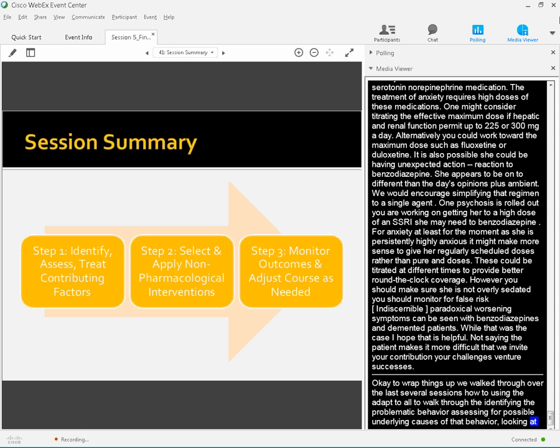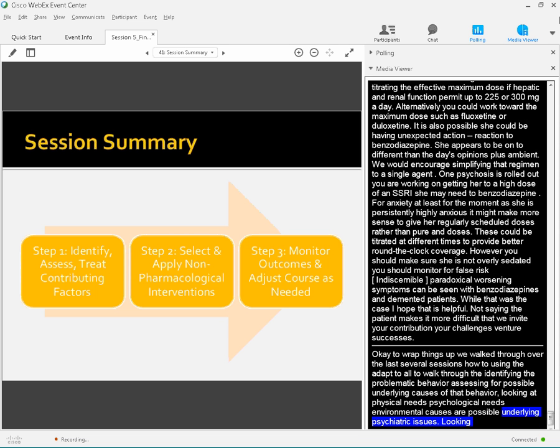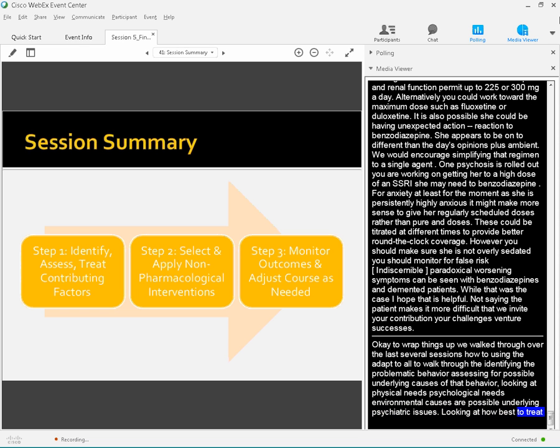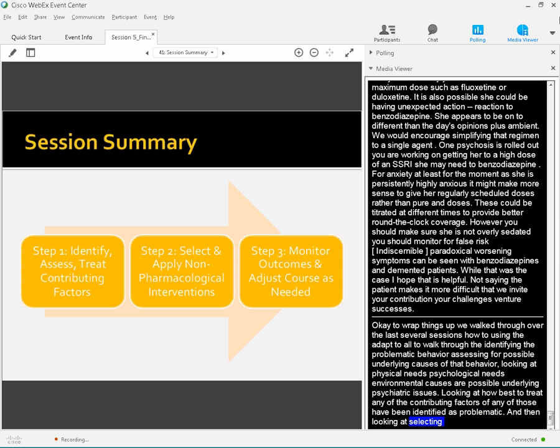Looking at how best to treat any of the contributing factors if any of those have been identified as problematic. And then looking at selecting and applying a non-drug or non-pharmacological intervention.